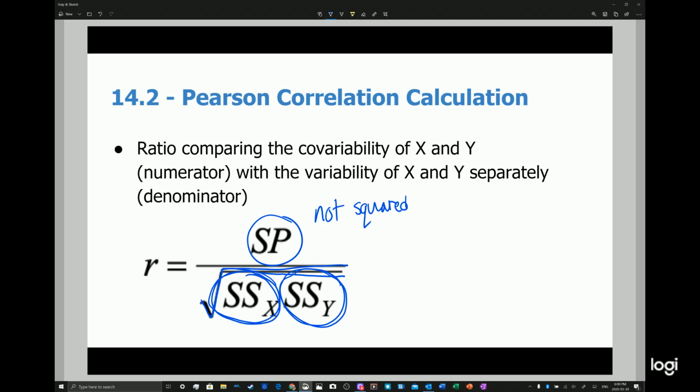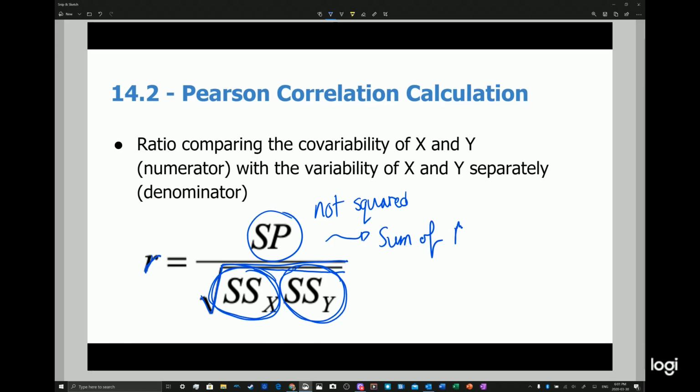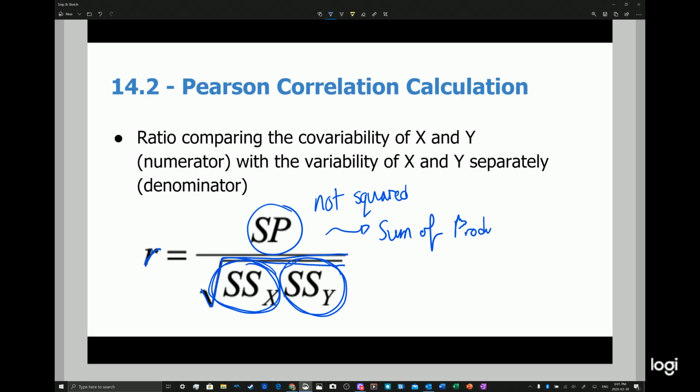So again, the Pearson correlation calculation, when you calculate R, you get your sum of products at the top, and that's your covariance. And then you divide that by individual variances right here.